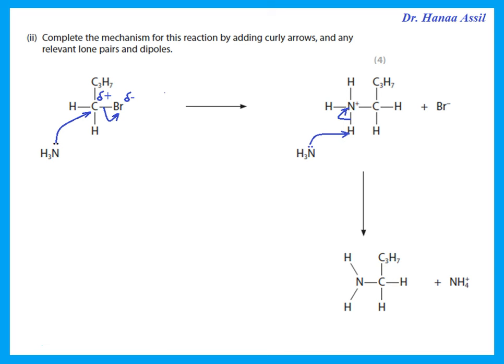Then another ammonia molecule, from its lone pair of electrons, will attack the hydrogen to remove it, and the electrons go to the nitrogen, and this gives me my final product. Okay?